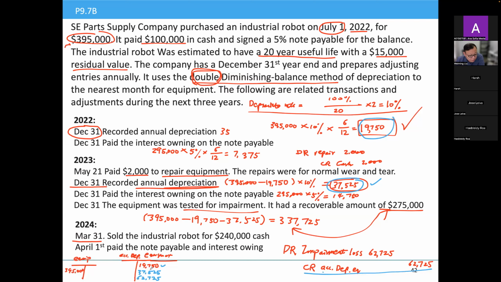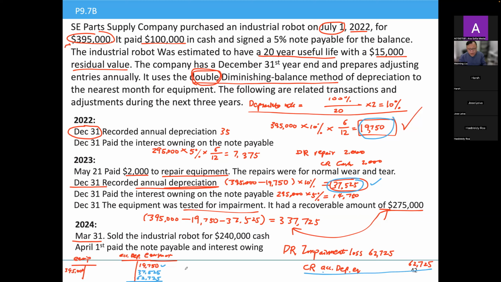So these numbers are for which date? So I calculate the balance. Let's calculate this balance. I'm going to add them up. 19,750 plus 37,525 plus 62,725.